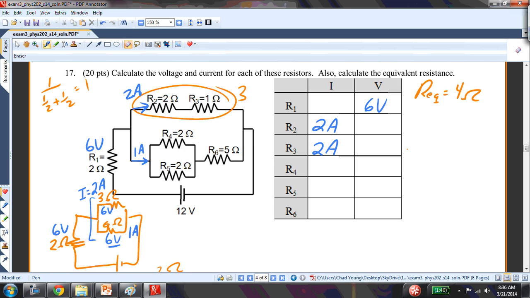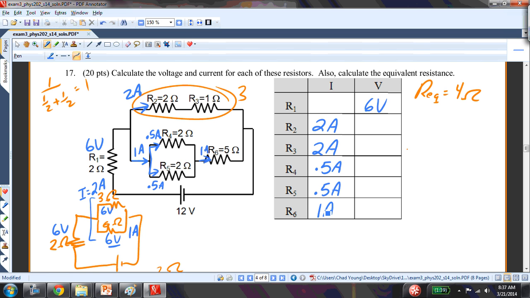These are two identical resistors, so they're both going to get 0.5 amps. So R4 and R5 both get 0.5 amps, and then R6 is going to get 1 amp.